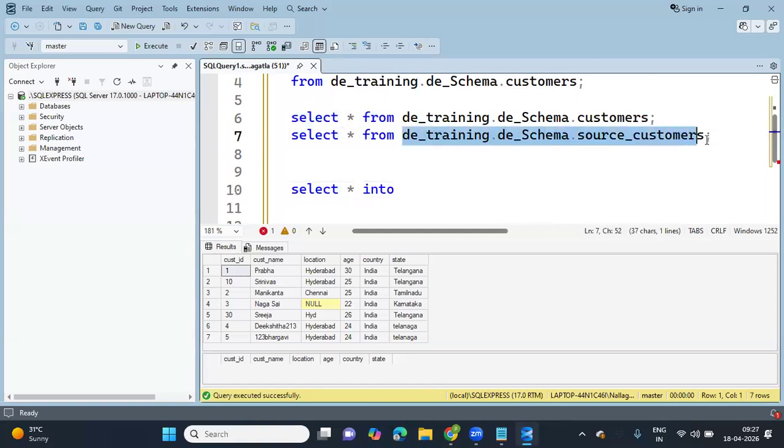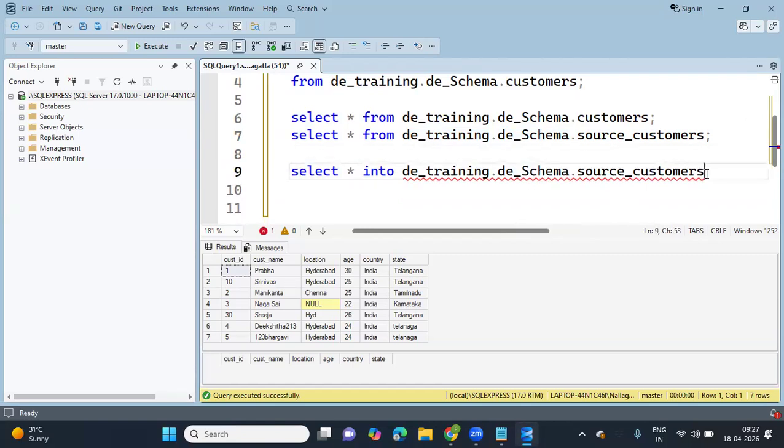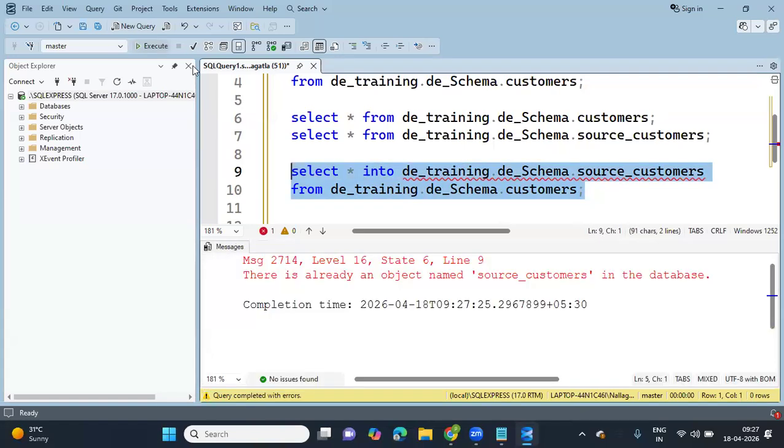I'm preparing the source data. In real time, you need not prepare the source data. It already comes from the source in files. Here I am preparing it from this customers table. So let's say I'm inserting all the data into the source table.